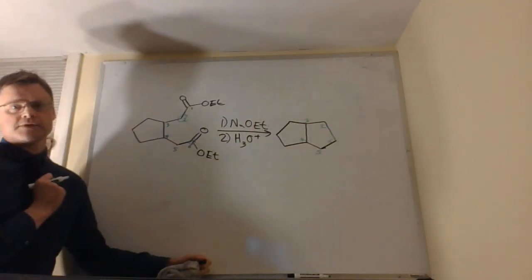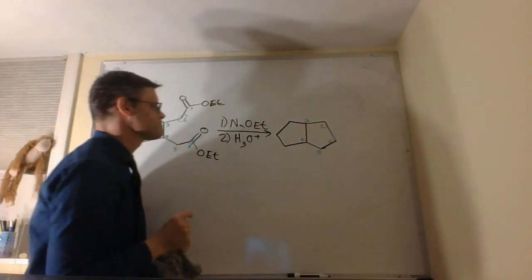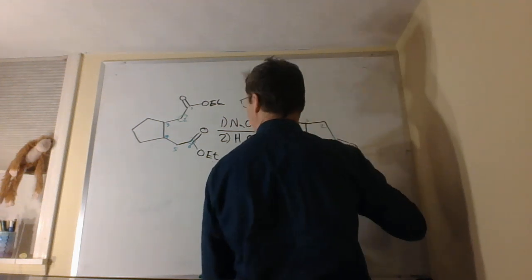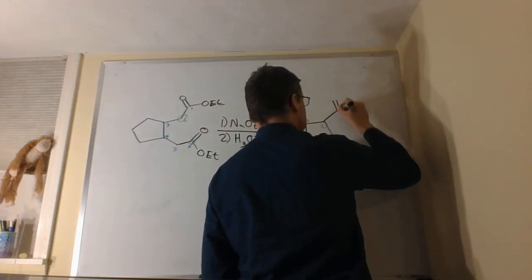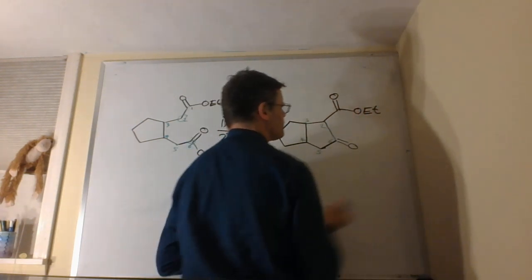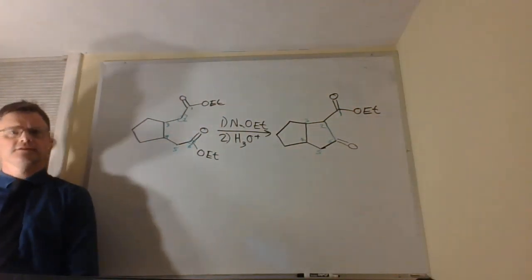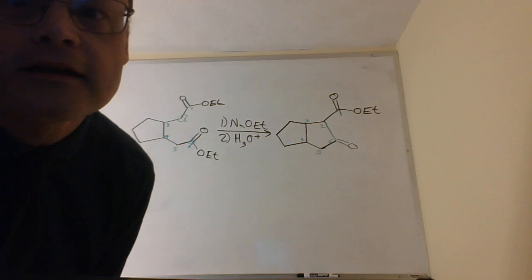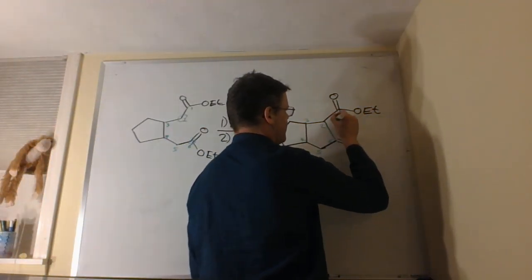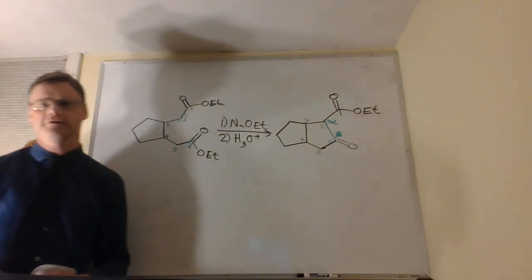The new bond is between 2 and 6. Carbon 6 has a carbonyl on it. Carbon 2, coming off of that, is my ethyl ester. So that's my product. Can you see that? I don't know. And 2 is the alpha carbon, 6 is the beta carbon. We've got a beta keto ester.